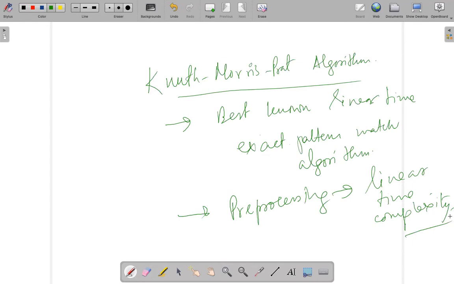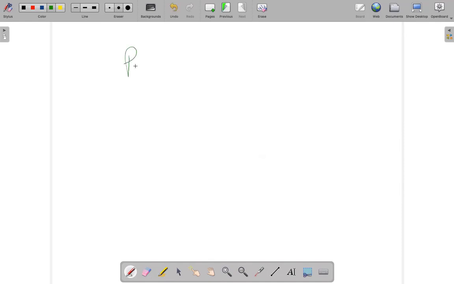So the idea behind the Knuth-Morris-Pratt algorithm is to define something called a prefix function, which we will denote by pi.